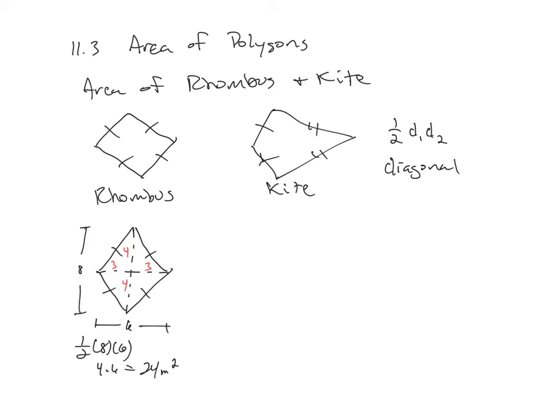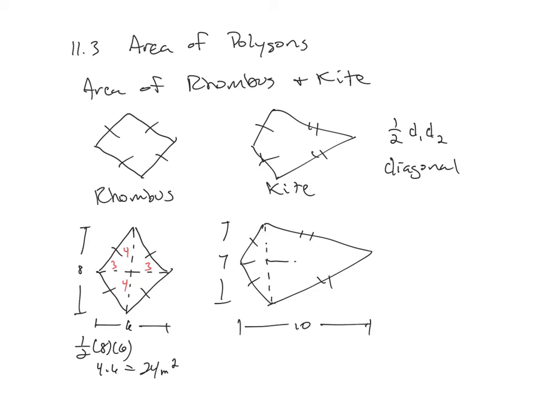All right. And then for kite, it's the same principle. So let's say it could be 10, and let's say 7. If you had the diagonals in there, maybe it says that one's 2, and that one's 8, and that one's 3.5, and that one's 3.5.